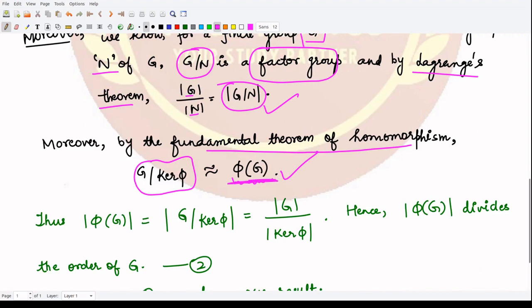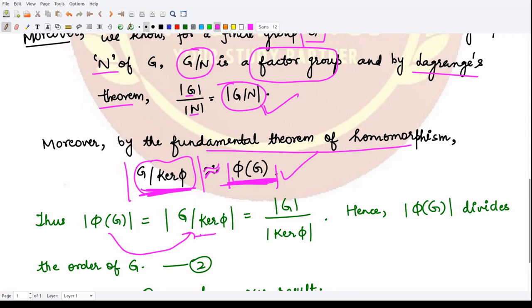So phi of G is isomorphic to this factor group. Hence, their orders are equal. The number of elements would be the same in both of them because isomorphism means they are one-one and onto, hence bijective.